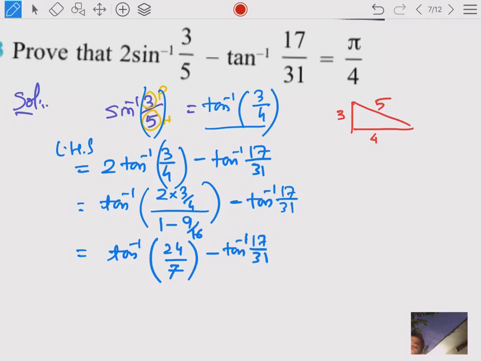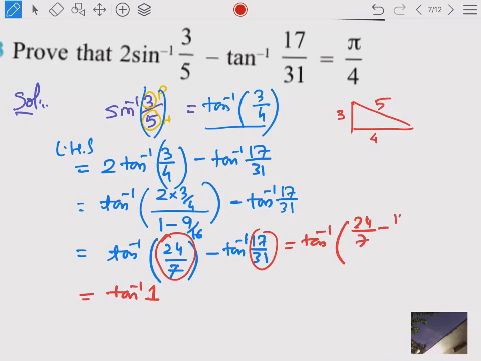And now use the identity tan inverse x minus tan inverse y, the formula we know. When we simplify it, it will become tan inverse of (24 by 7 minus 17 by 31) divided by (1 plus 24 into 17 by 7 into 31).